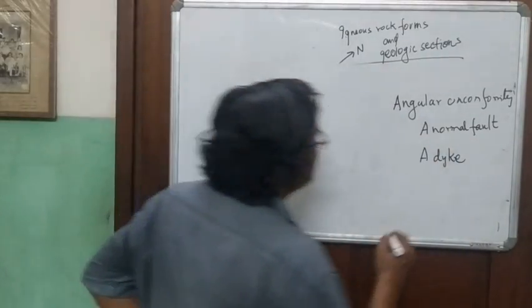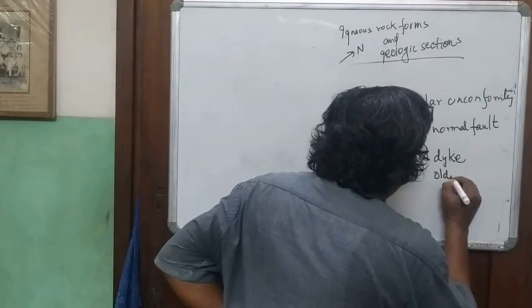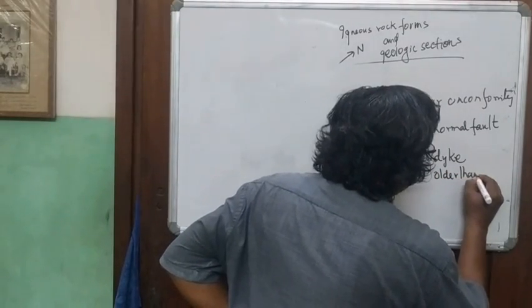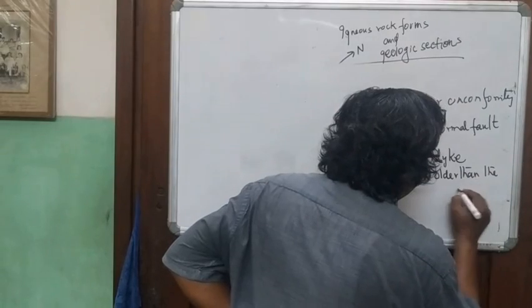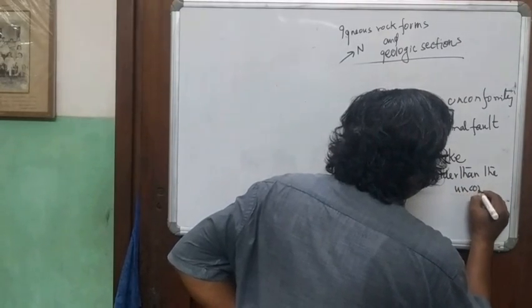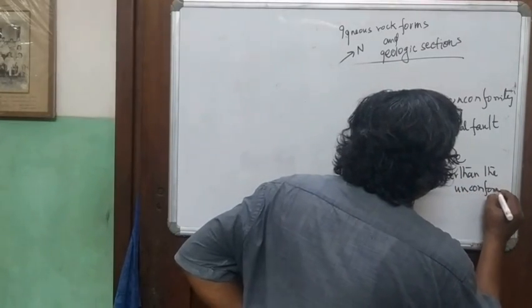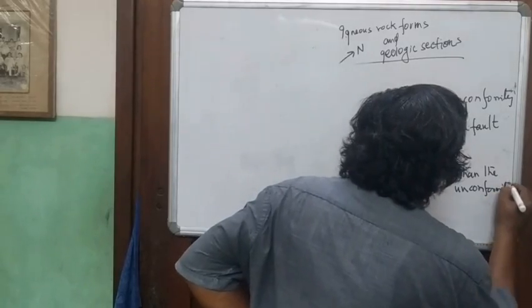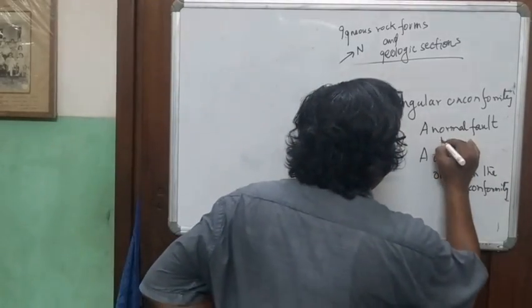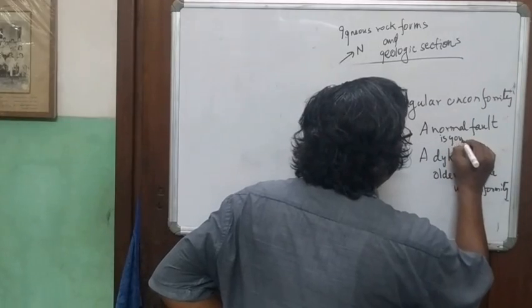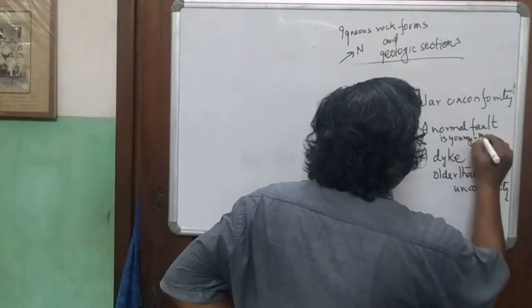The dike is older than the unconformity. And the normal fault is younger than the unconformity.